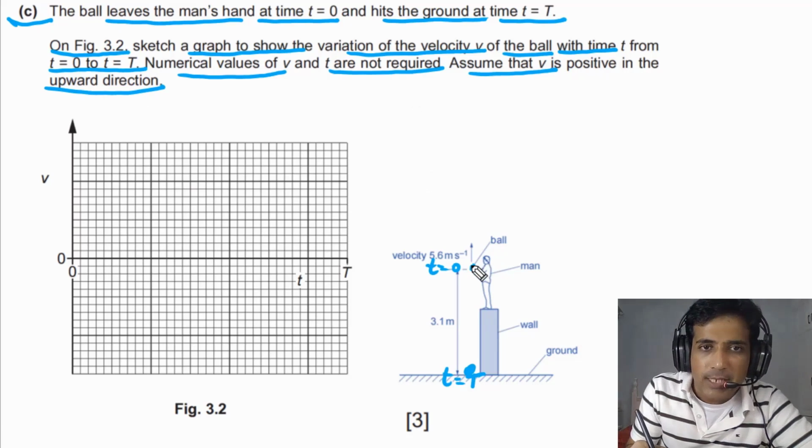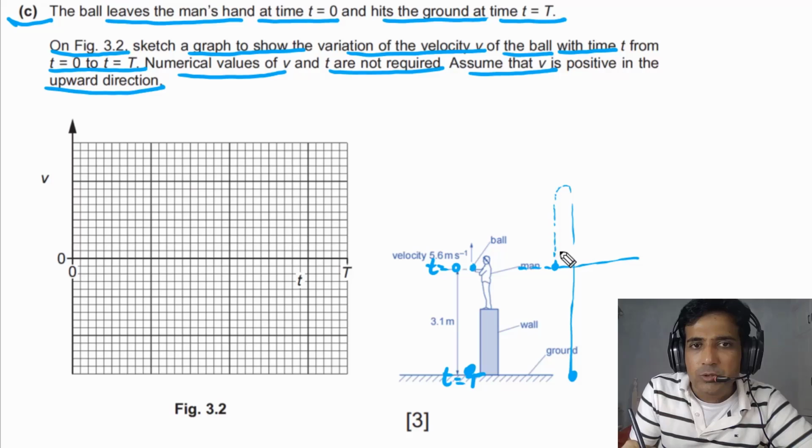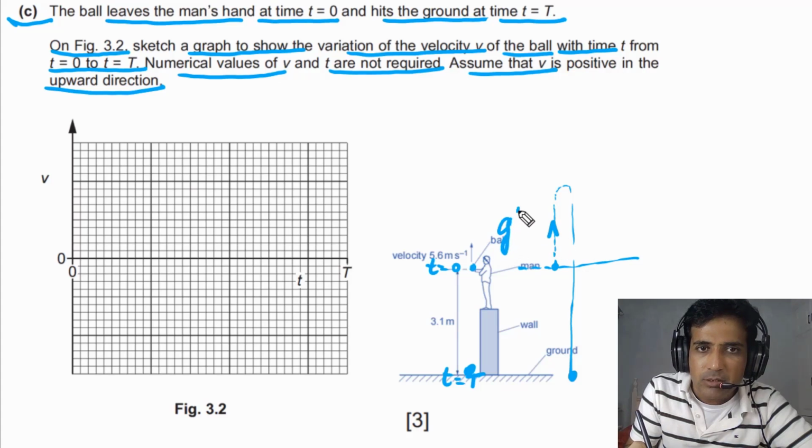Now we need to understand what happens when this ball goes up. I will redraw here. The ball will go up like this and then the ball will come down. Now if you look at the motion of this ball, when the ball is moving up, the acceleration due to gravity, g, is pointing downwards, so the ball will slow down in this region.